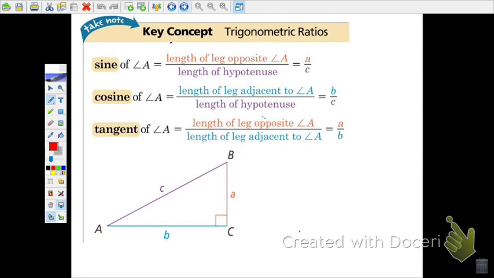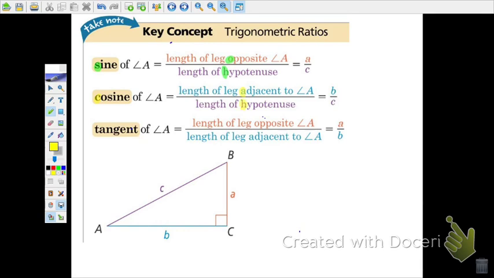When we are talking about sine, we're looking at that S. Sine is equal to the leg opposite of the angle over the length of the hypotenuse. So SOH. When we talk about cosine of an angle, it's the length of the leg adjacent to the angle over the length of the hypotenuse.